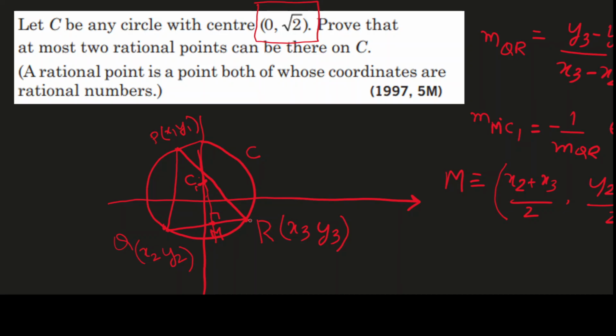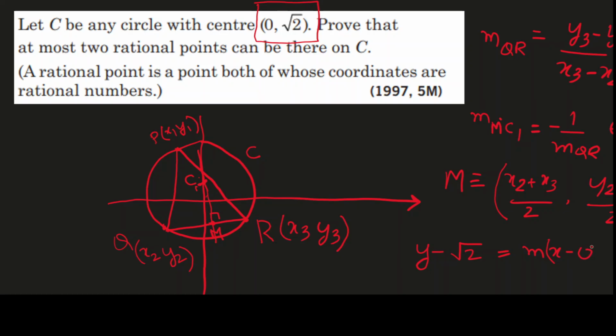So we have the equation of this line, that is y minus root 2, where root 2 is the y coordinate of the center, equals the slope into (x minus 0), right?